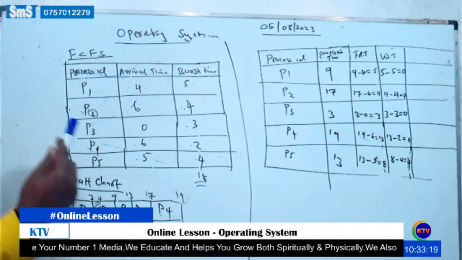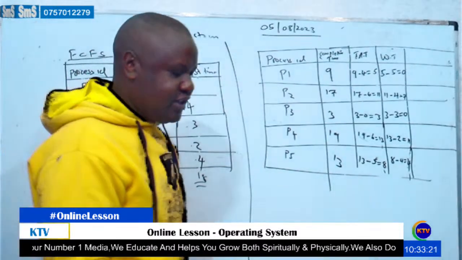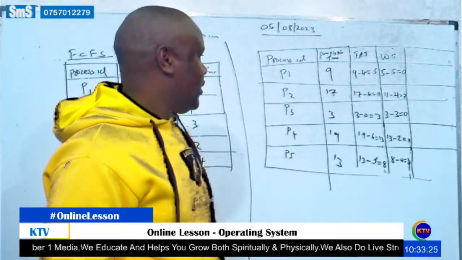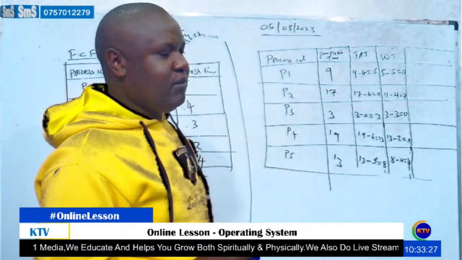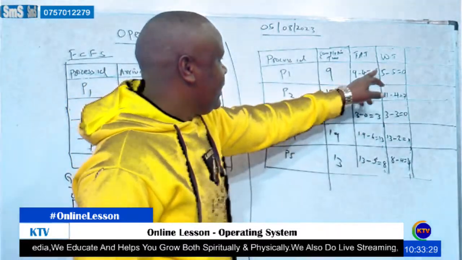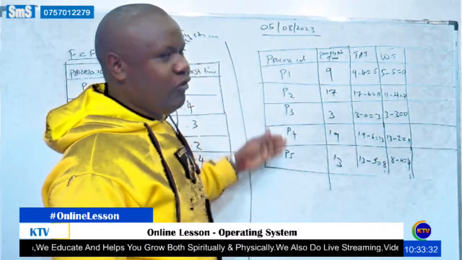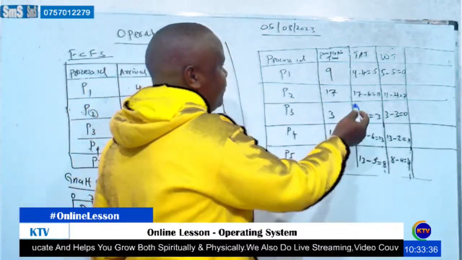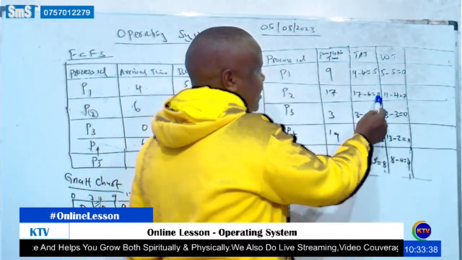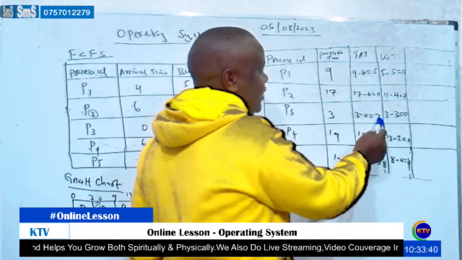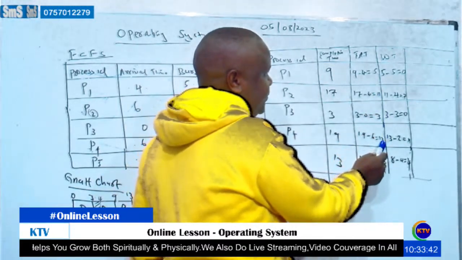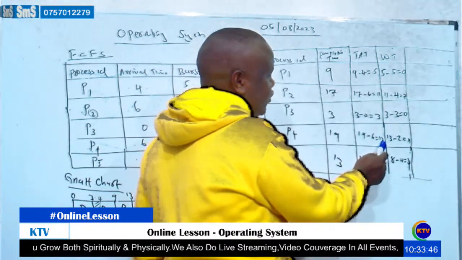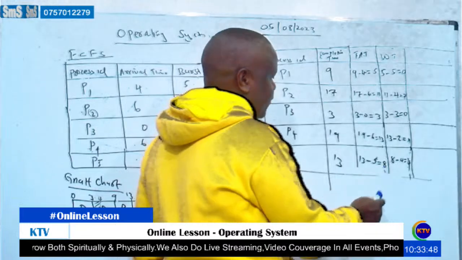Now, what will be the average turnaround time? To get the average turnaround time, we add these and divide by the number of processes. What is 5 plus 11? 16 plus 3, 19 plus 13, 32 plus 8, 40.